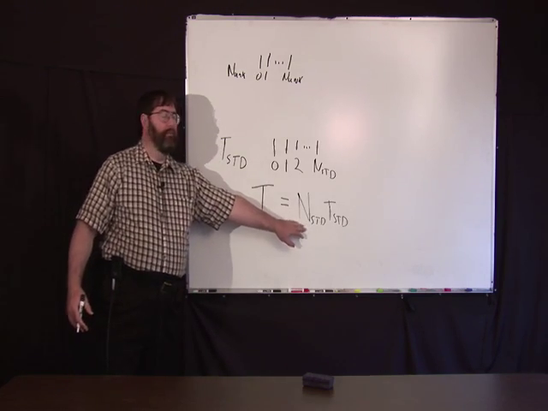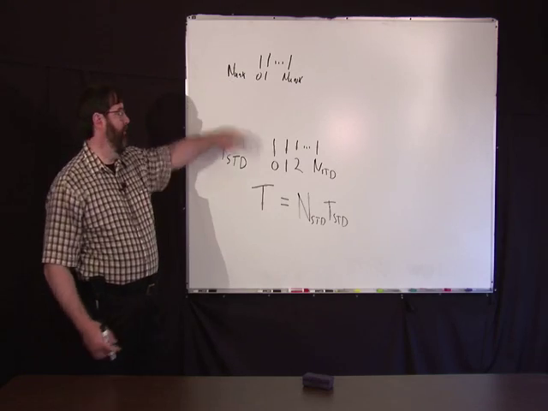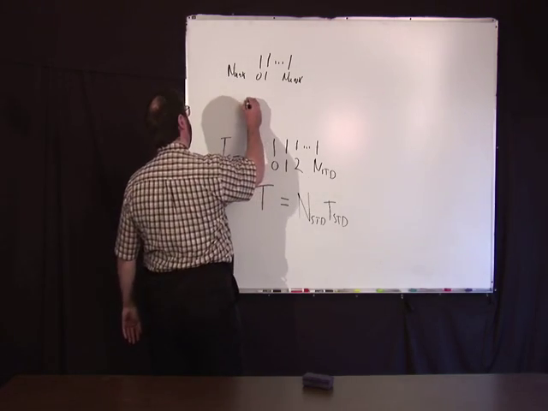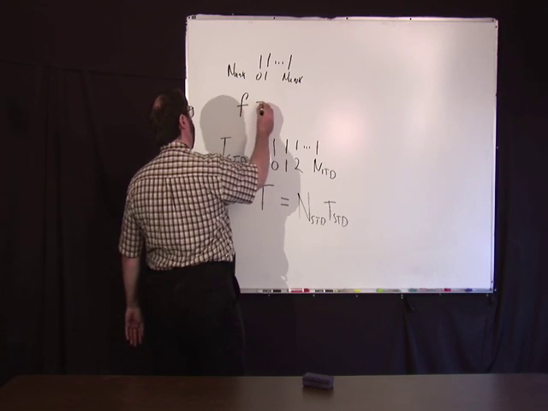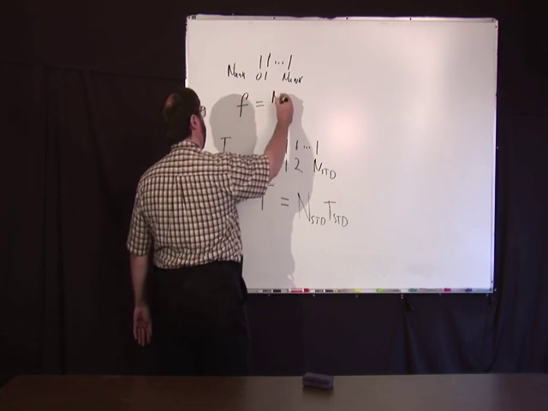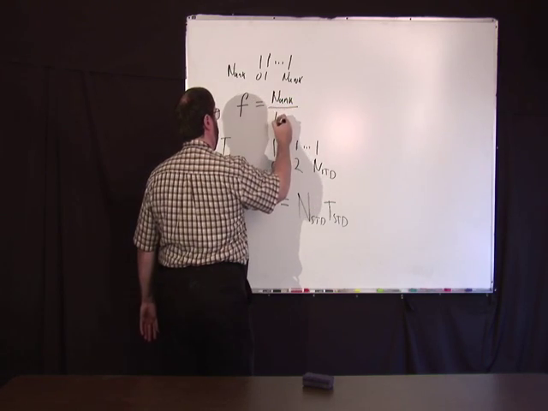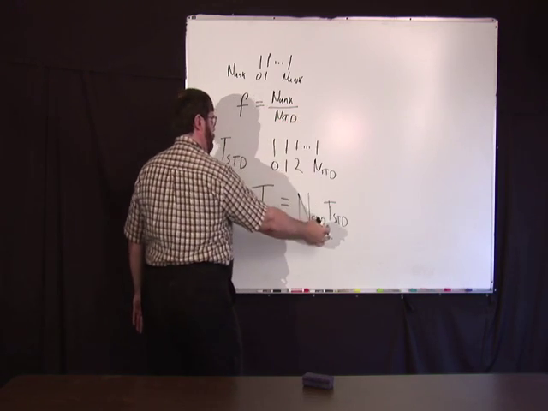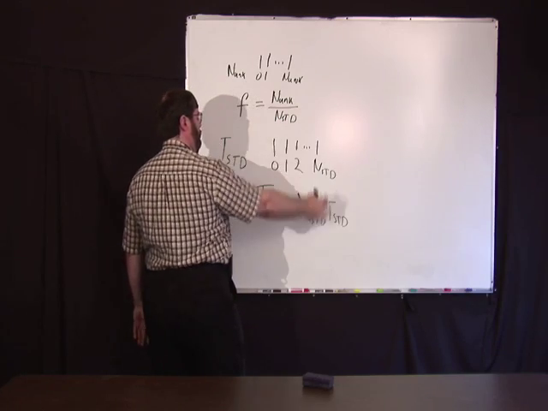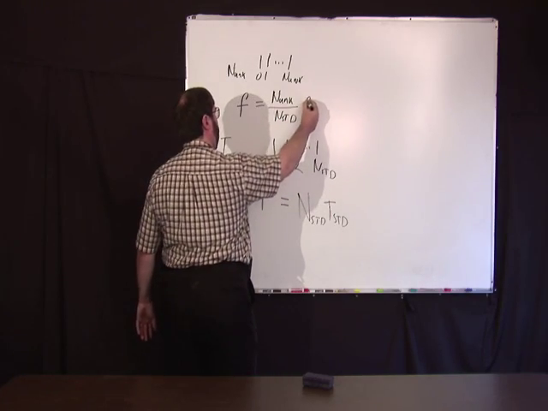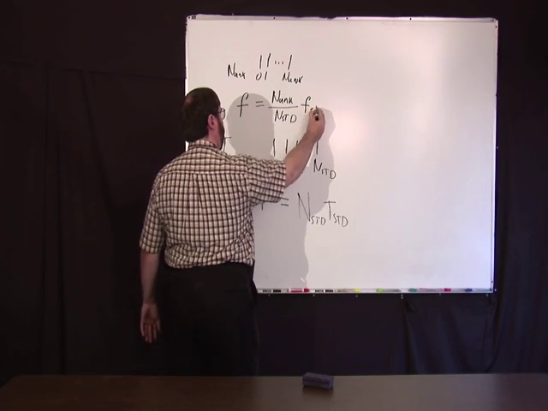The number of seconds is this. The number of things that happened is this. So the frequency is equal to n unknown, again starting from 0, over n standard. But this is t standard, and 1 over t standard is the frequency of the standard, so this is times the frequency of the standard.